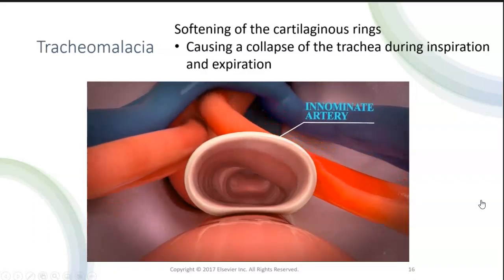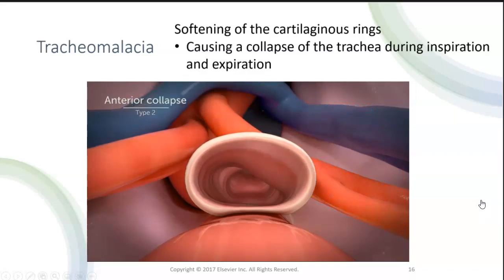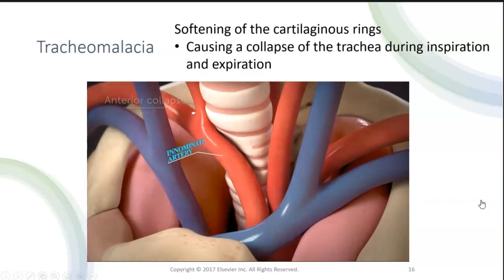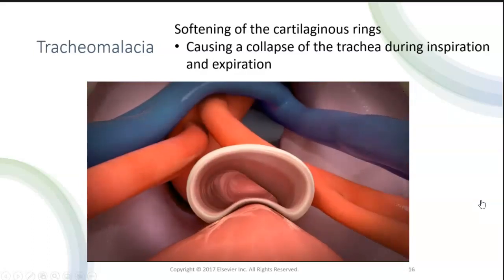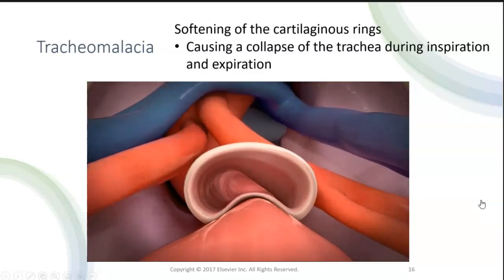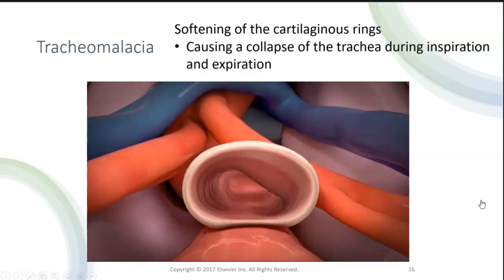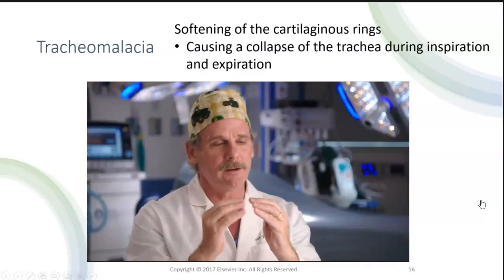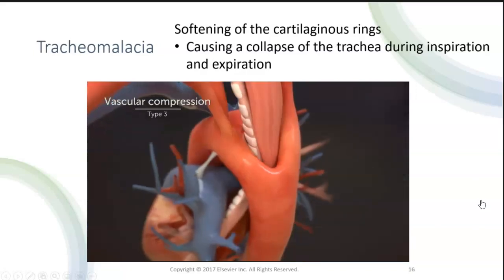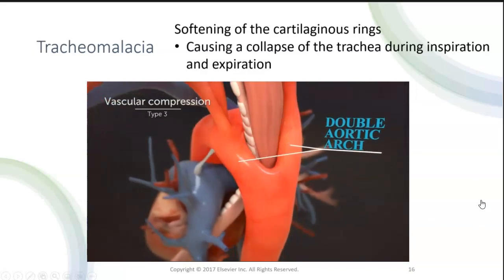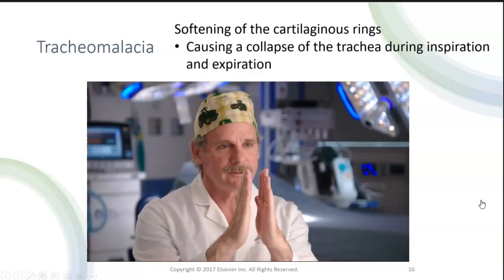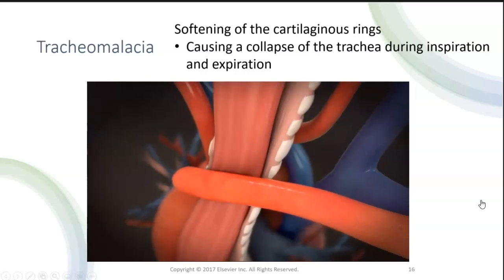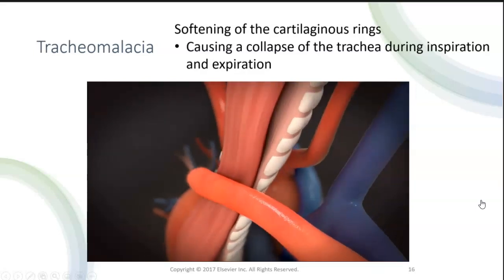The second most common type is where things are shifted slightly, and instead the blood vessel on top, say the innominate artery, has been leaning on it. Now you have an airway that's considerably smaller while you're breathing in, and when you breathe out, it gets even more narrow. The third type, which is less common and more severe, is associated with cardiac disease, where things didn't develop right. Two aortic arches, one on either side of the trachea, squish it, so it's now half or a third the size. Or you have an abnormal blood vessel squishing it from the back.